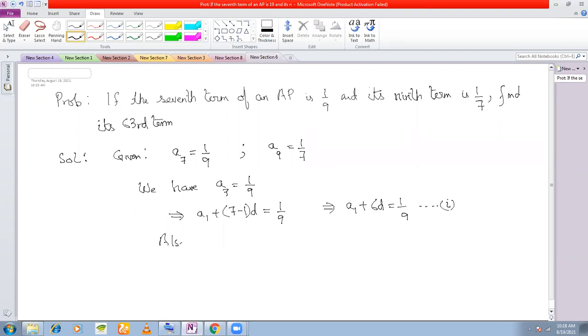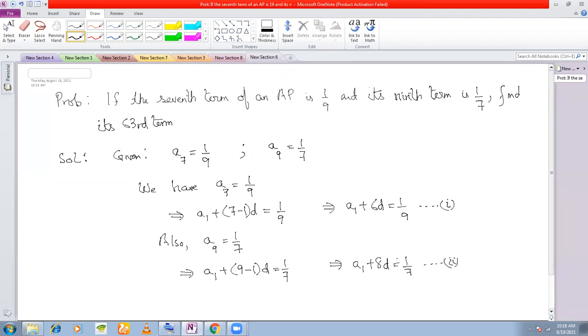Also, A9 is equal to 1 by 7. Means A1 plus 9 minus 1 into D is equal to 1 by 7. That means you get A1 plus 8D is equal to 1 by 7. This is the second equation.